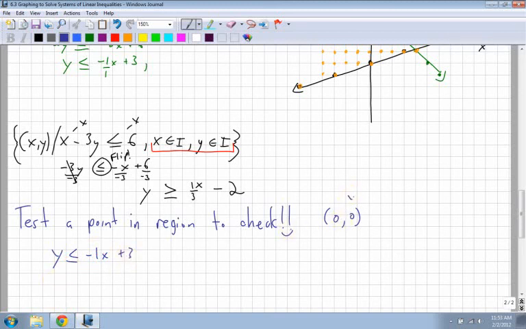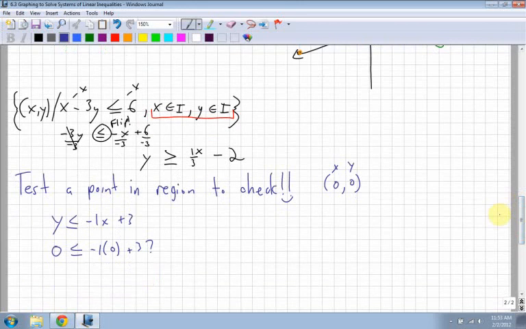That's my y and my x. So y is 0, x is 0. Is 0 less than or equal to -1 times 0 plus 3? Is 0 less than or equal to 3? Yes. Therefore, I've done that one right.